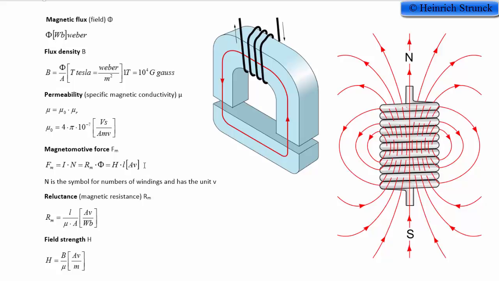We can see there are many ways to calculate the magnetomotive force, and we can also find, for example, the field strength. If we isolate the field strength, we just divide by the length. It must be the current times number of windings divided by length. So the unit for it must be amp windings divided by meter. So that was just the basic words and knowledge of a coil.